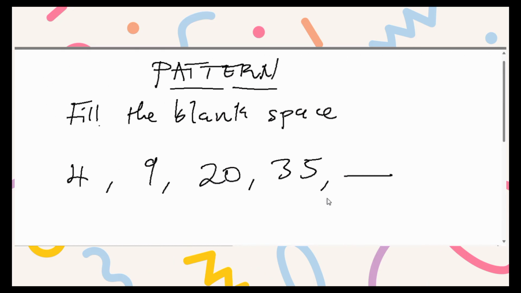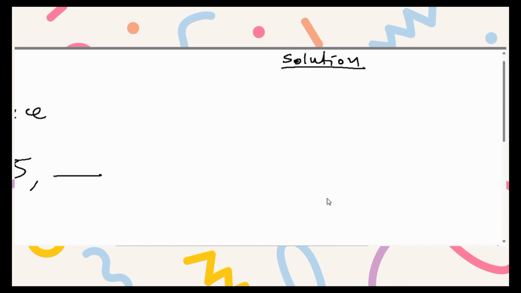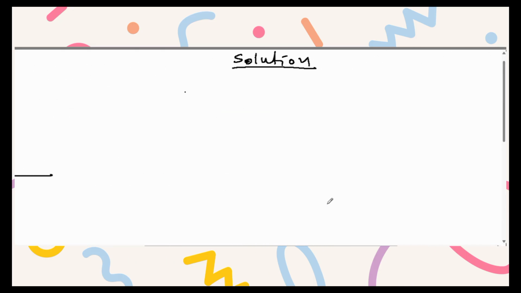Solution. Let's rewrite the sequence. We have 4, followed by 9, followed by 20, followed by 35.